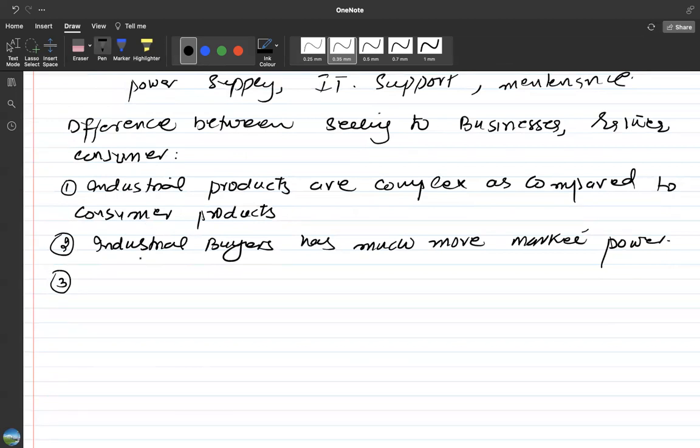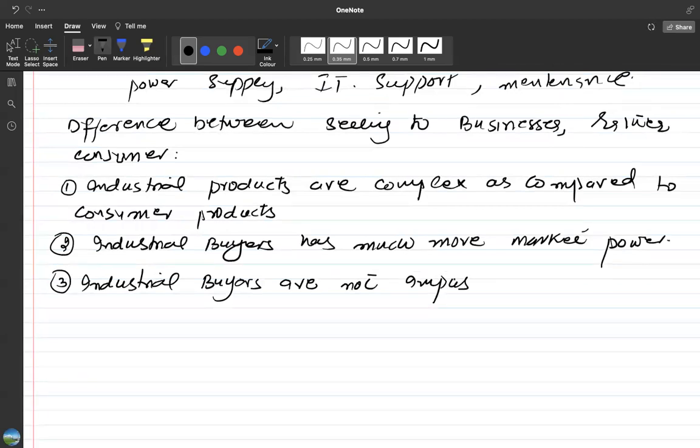Three, industrial buyers are never impulsive. They do not buy a product because someone else has bought. They do not get inspired by some advertisement usually. So you need to be very careful when selling them a product.